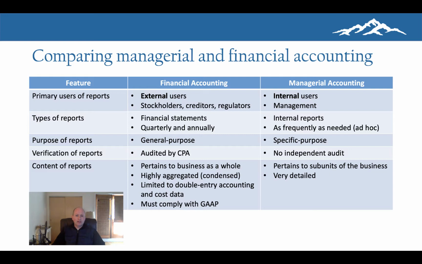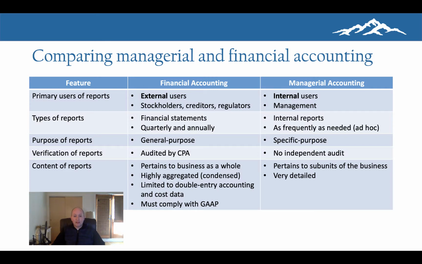Even though it's all accounting, the purposes of them are pretty different. Financial accounting focuses on an external user, whether that's stockholders, creditors, regulators, and it's mainly financial statements, quarterly and annual financial statements. These statements, if you're a publicly traded company, remember, are audited by a CPA. And it's generally things that pertain to the business as a whole. It says here they're highly aggregated, right?